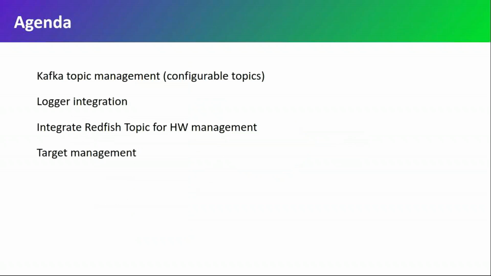And as we were talking about topic management being configurable, the second point was about logger integration. Currently there is no logging mechanism in the exporter. We do print some information there, but we can have a logger integrated.